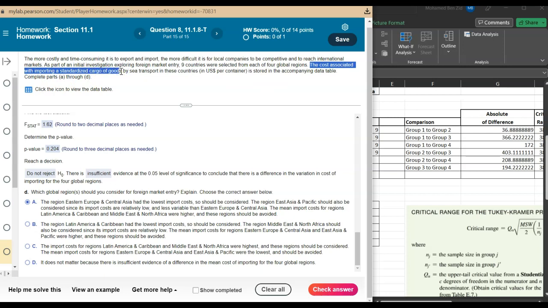So if we are talking about cost, you want lower cost for import. So if it is lower cost, then you want to explore that market more, right? So lower cost is good for you and higher cost is bad for you.